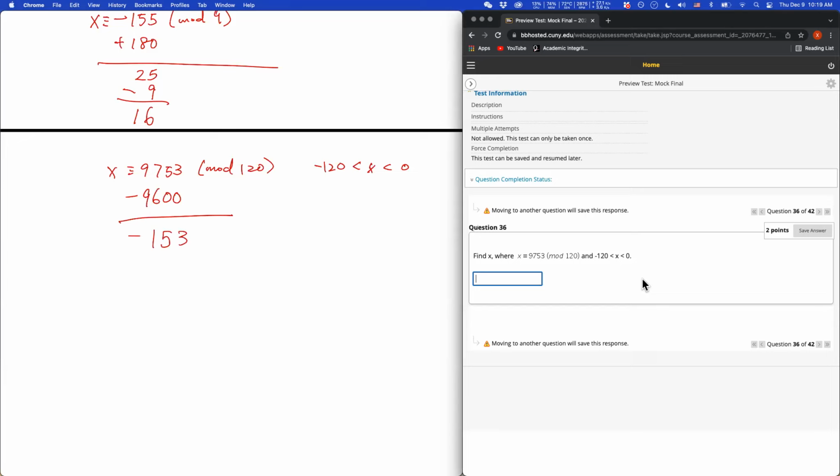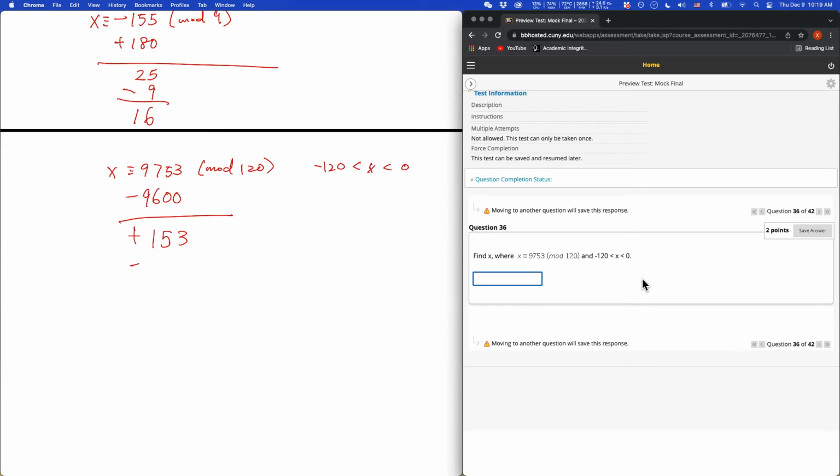So if you subtract that, you will get 153. Now we want to find the number in the range of negative 120 and 0. So you have positive 153, so it's still too large. So we need to subtract.